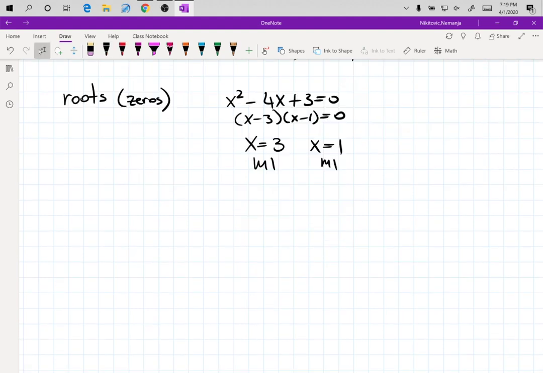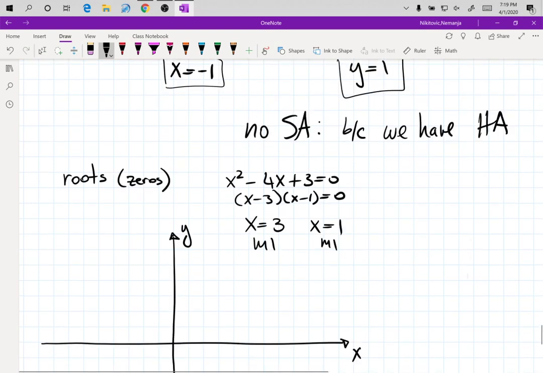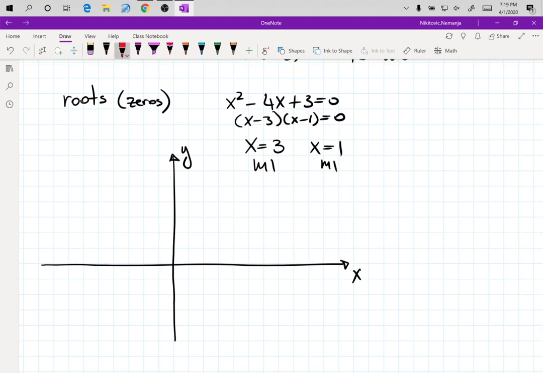Let's go. What do I have? X is negative 1. That's negative 1. Y, horizontal asymptote, positive 1. I have a root at 1 and a root at 3.